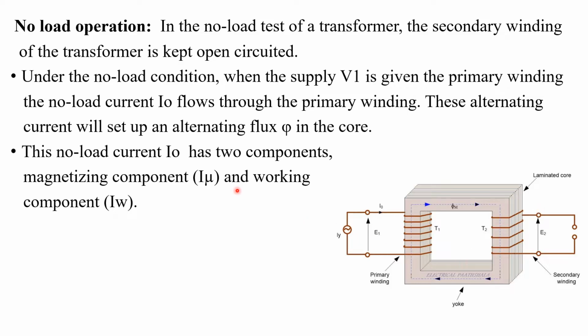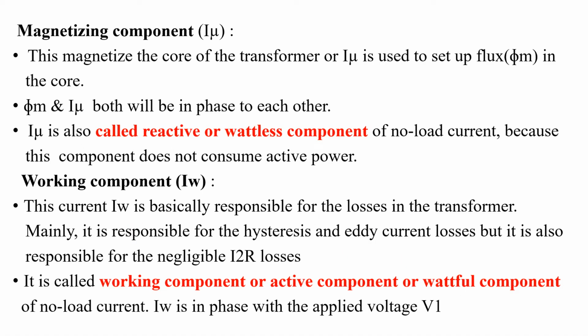Now let us discuss the magnetizing component and the working component in detail. Let us see what is meant by the magnetizing component. Normally it is represented by the letter I mu. The magnetizing component will magnetize the core of the transformer and set up the flux in the core. That flux is normally represented as phi m. So phi m is developed due to I mu, and both of them are in phase with each other.